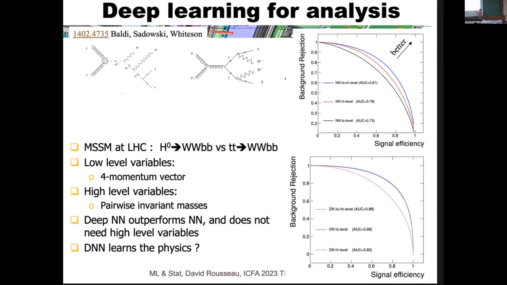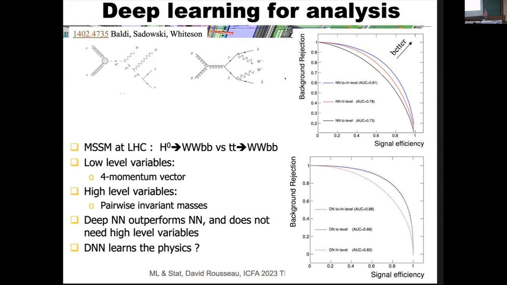They use the low-level variables, the momentum vectors of the jets and the leptons coming from these particles, and also high-level variables. In this case, they are invariant masses of pairs of particles. And then they have this plot.